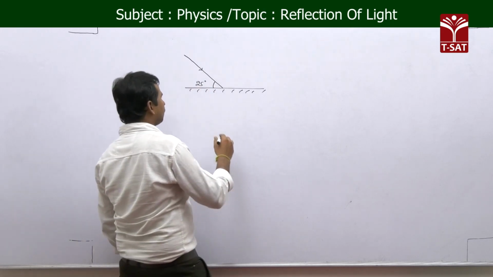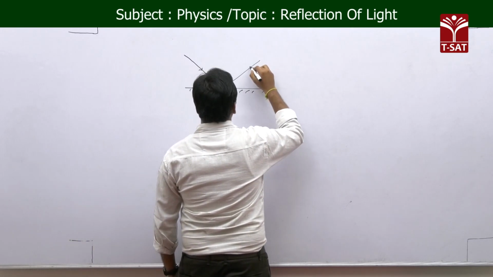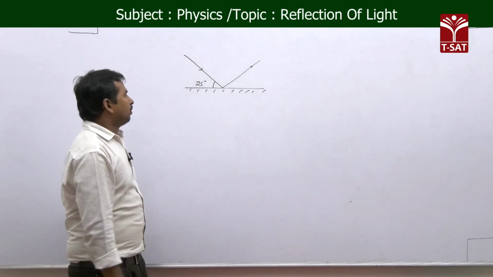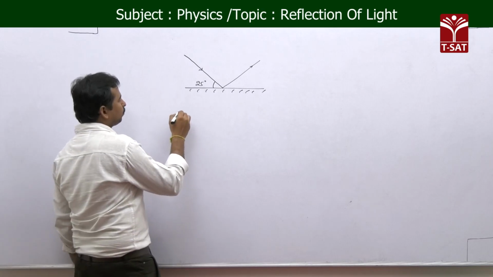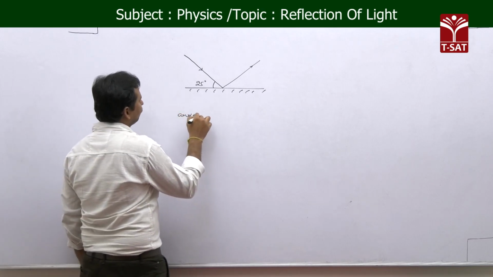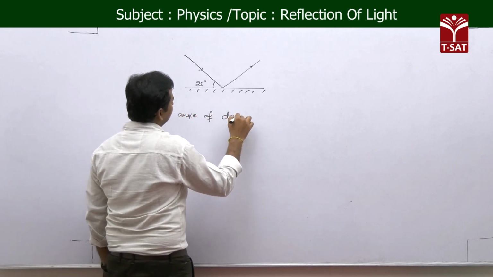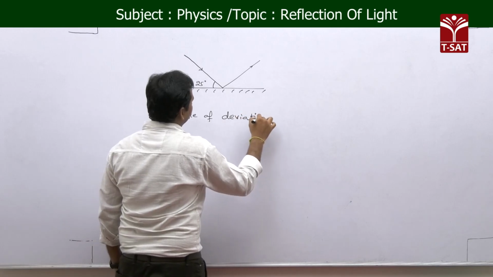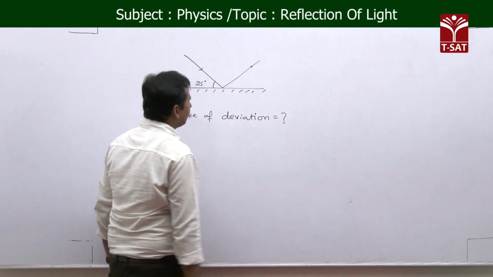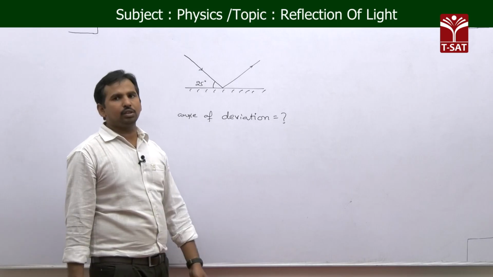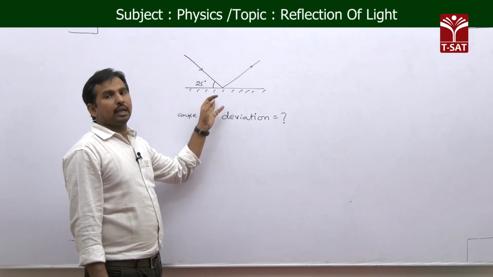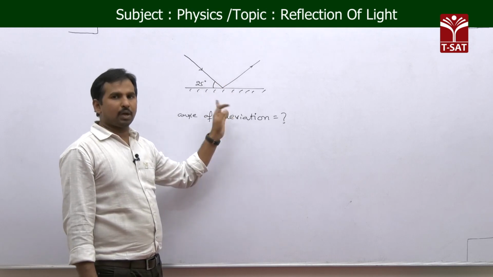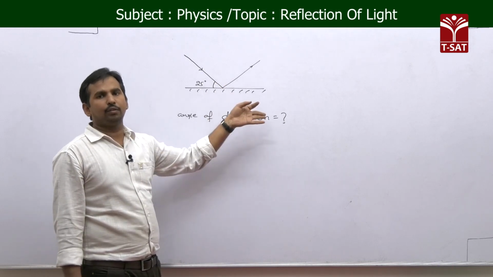After reflection, the question is, what is the angle of deviation? Angle of deviation means the angle by which the light ray is deviating from its path.